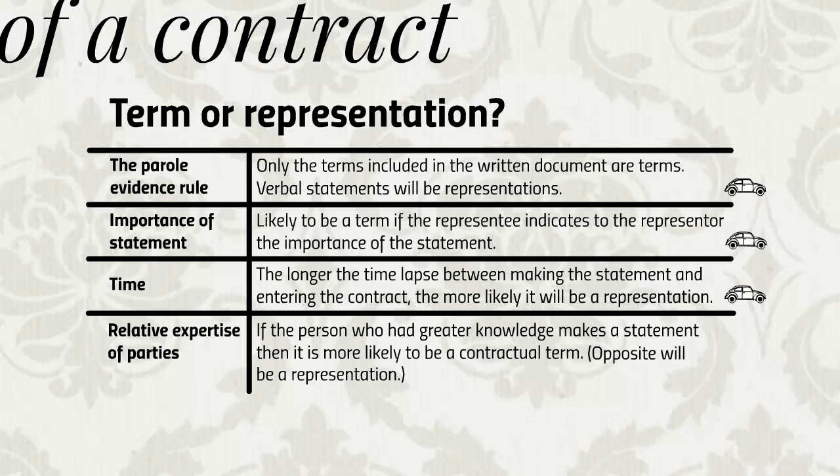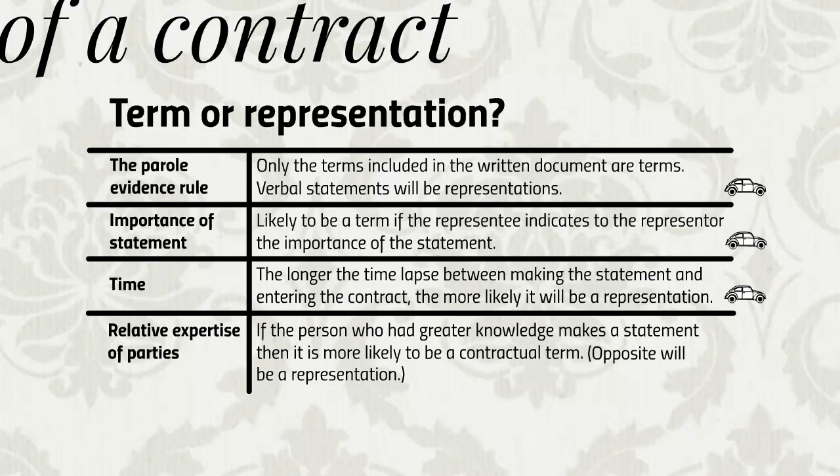So let's imagine that the representee, the seller in our car case, was an expert in cars. And you, the purchaser, don't know anything about cars, never bought a car before, you're a total novice. In this case, the court would be more likely to see the statement of alloy wheels as a term, because it's the expert making that statement.